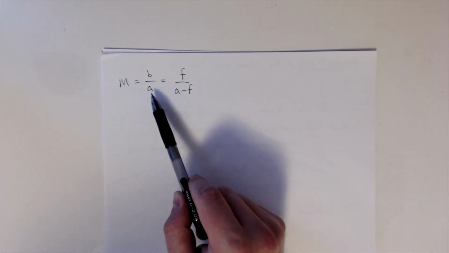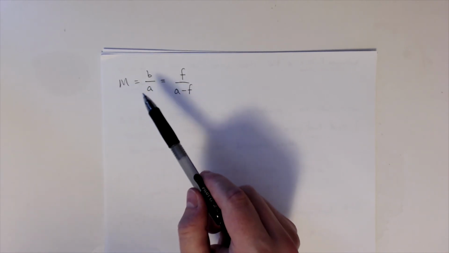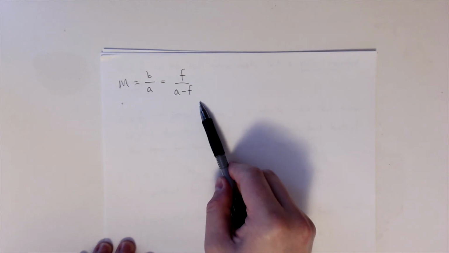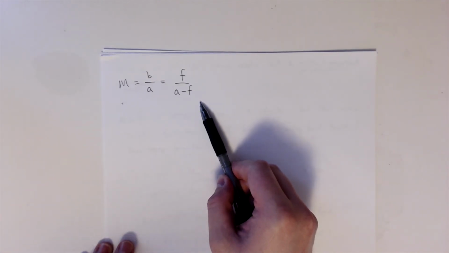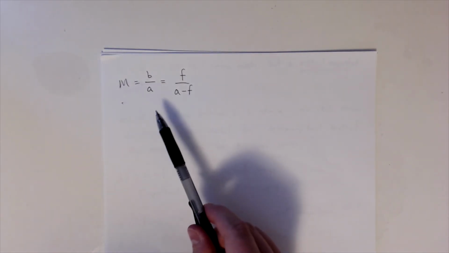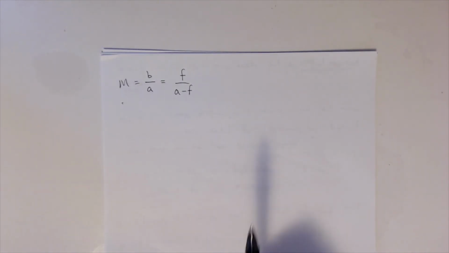We can adjust the distances A and B such that this magnification has no upper limit, right? But if you're familiar with light microscopes, there is an upper limit. And so that's what the next modules are going to talk about, is how do we get from a simple magnification equation derived from the lens equation, and how do we understand what causes the actual upper limit here. And so that's what we're going to talk about in the next modules.